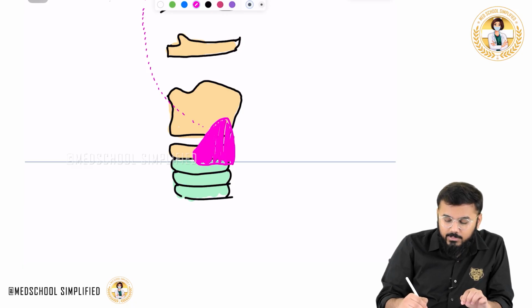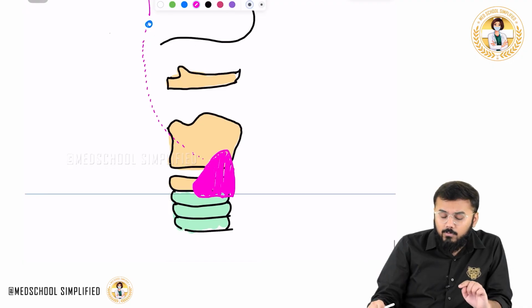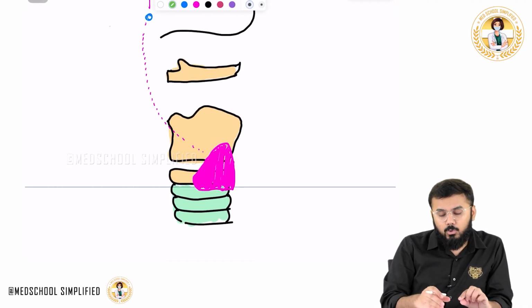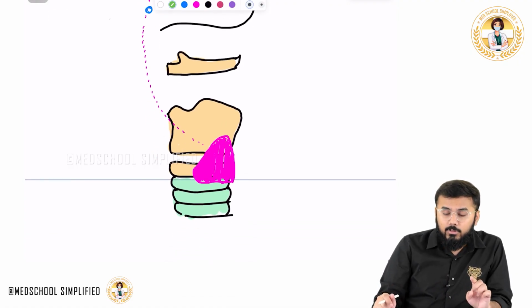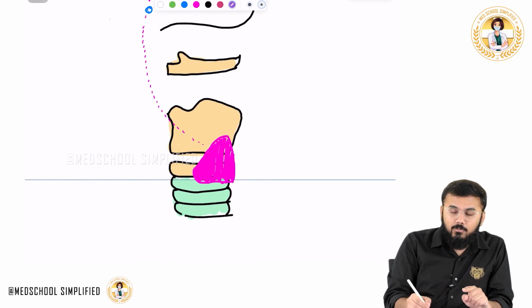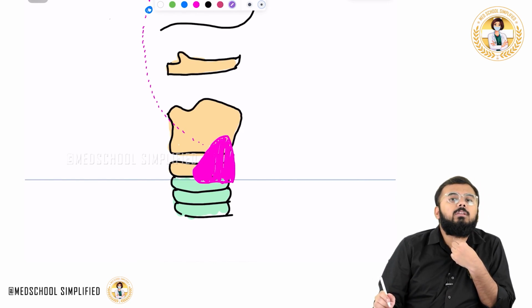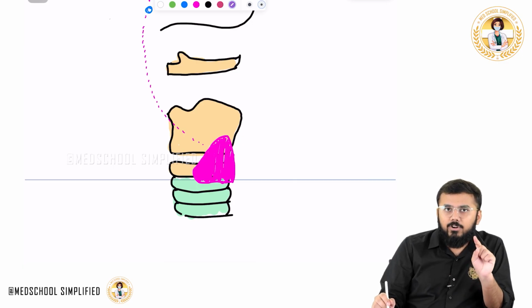If you are looking at it from the side, that is why you cannot see the isthmus, because you are looking from the side. Now, as this thyroid gland development slowly takes place all the way from the foramen cecum till here, the question is, by which week will the thyroid gland come in front of the larynx?